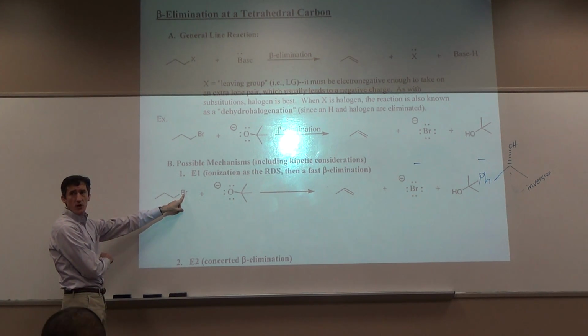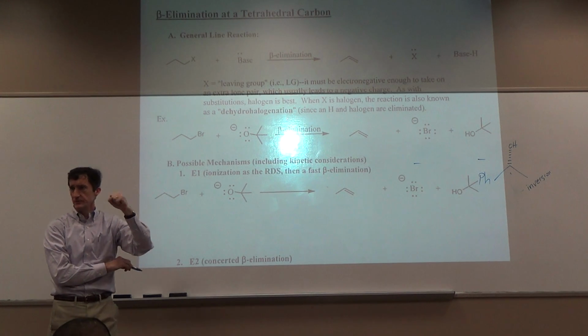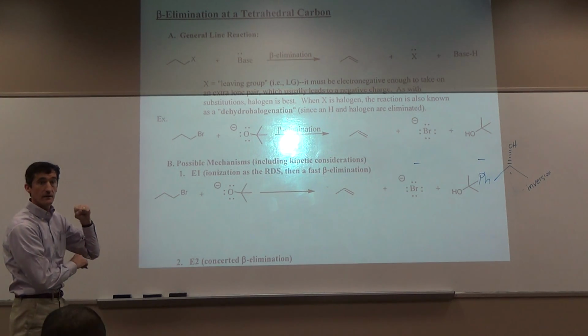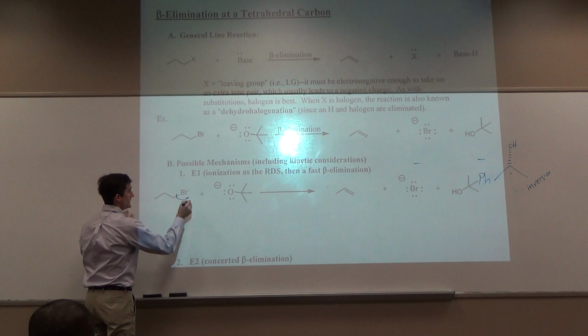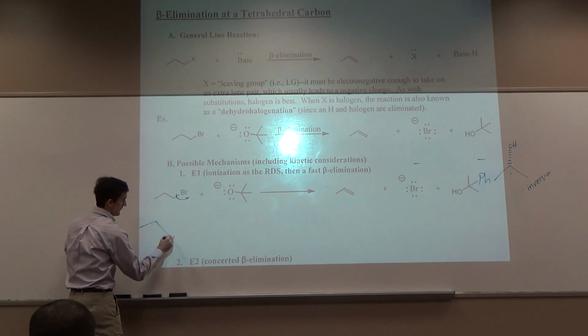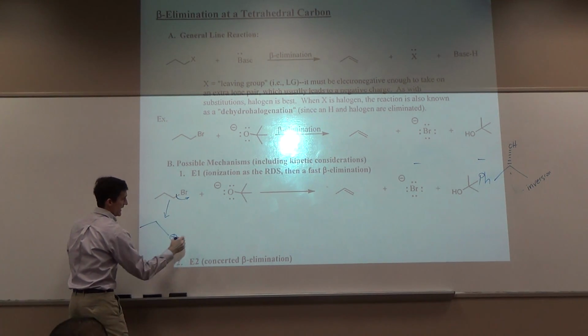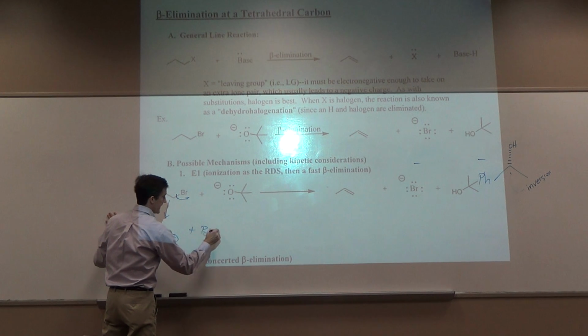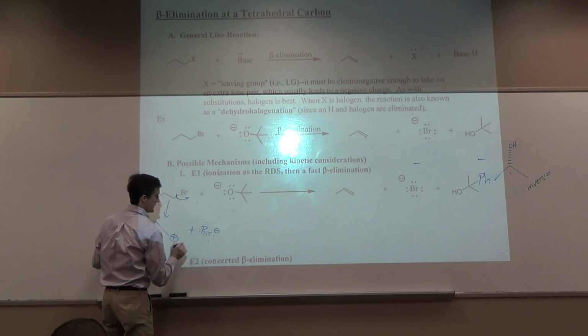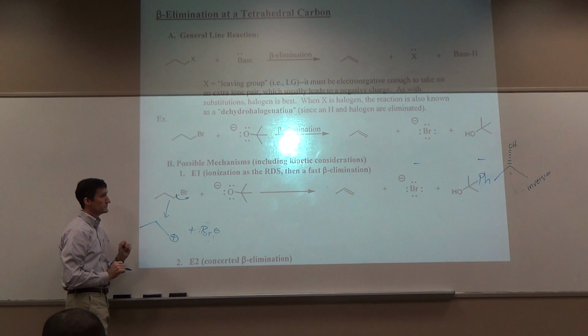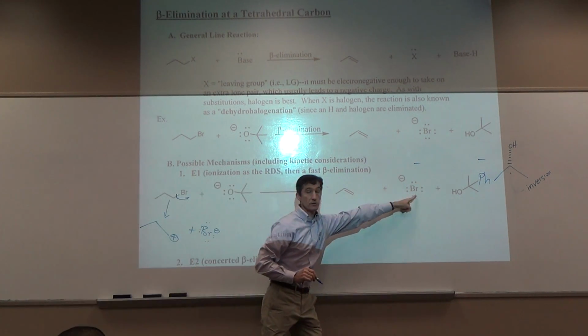The first step of an E1 is the same as the first step of an SN1. And what is that? Ionization. Leaving group just leaves. And that would give that plus Br minus, right? Now we've generated Br minus, so we've done that.